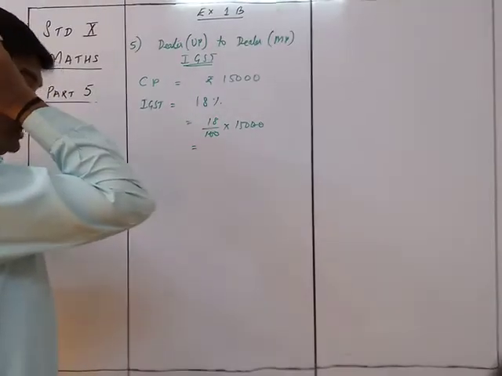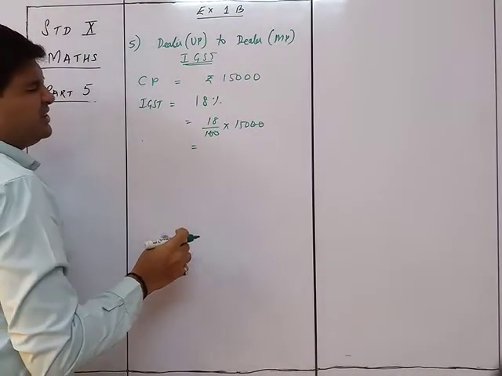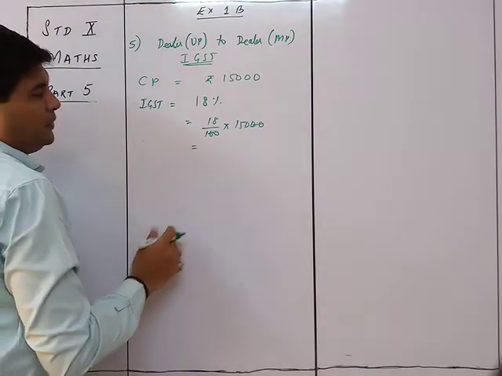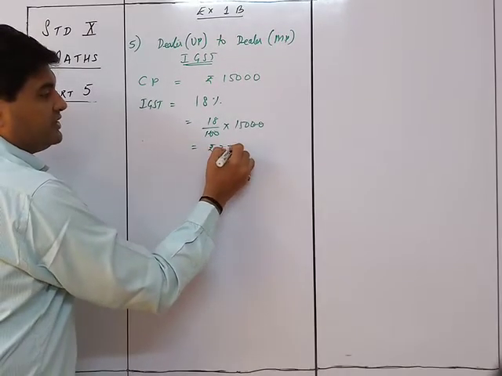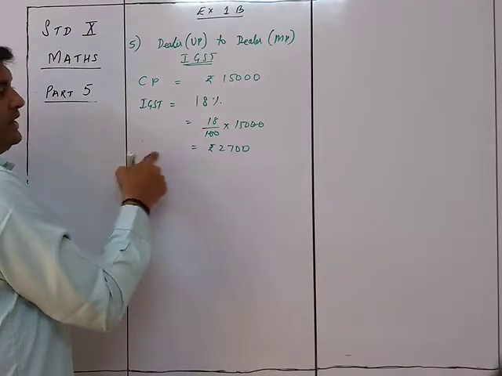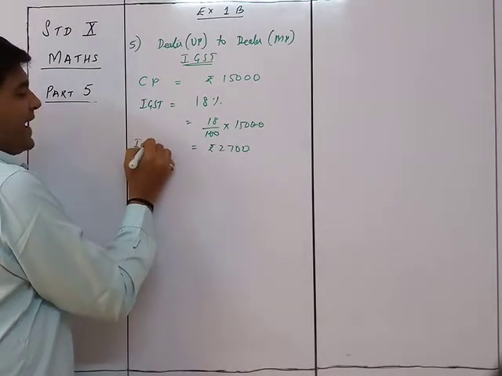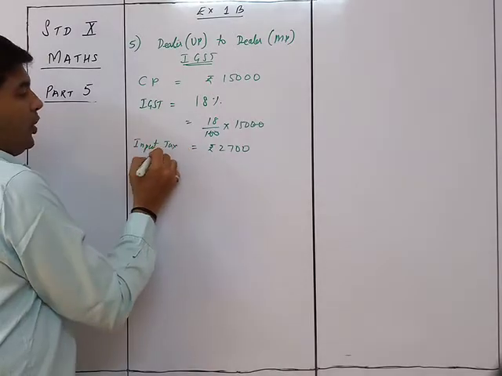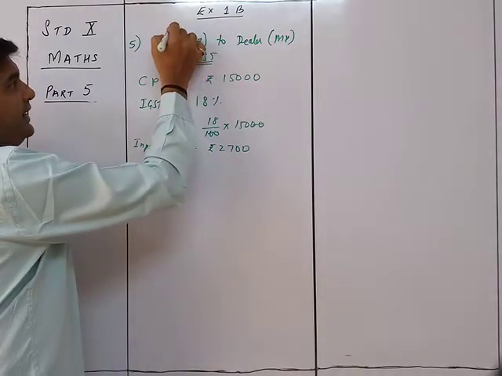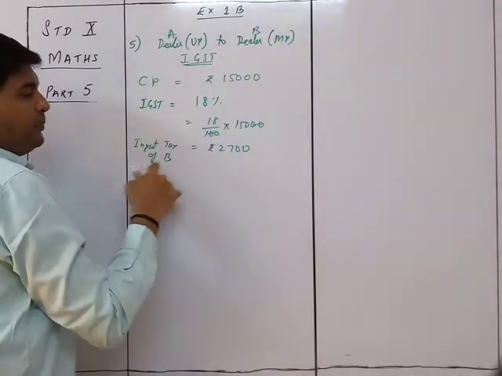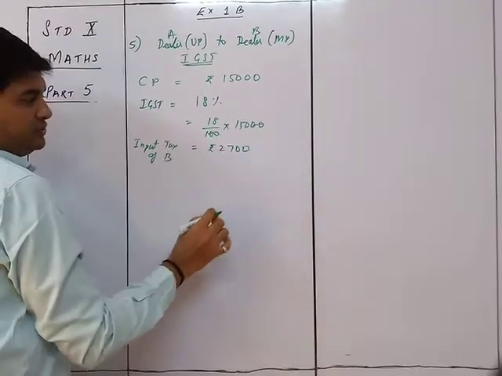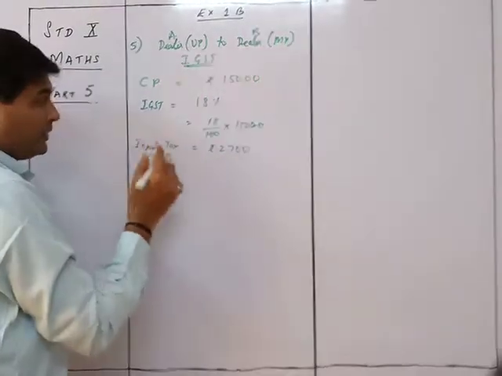So 18 into 15 will be 270, so rupees 2700. So you can see that this is nothing but the input tax of B. This is dealer A, this is dealer B. Input tax of dealer B is 2700. Got it?